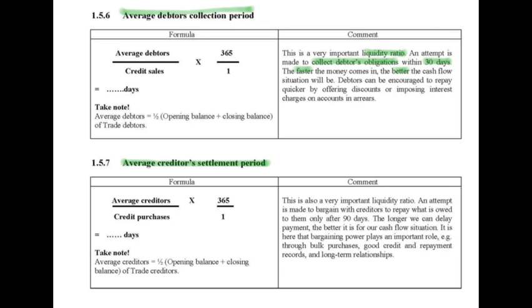Debtors can be encouraged to repay quicker by offering discounts or imposing interest charges on accounts that are in arrears. Please, when you answer this question, however, you offer discounts on early payments and you charge interest on overdue accounts.